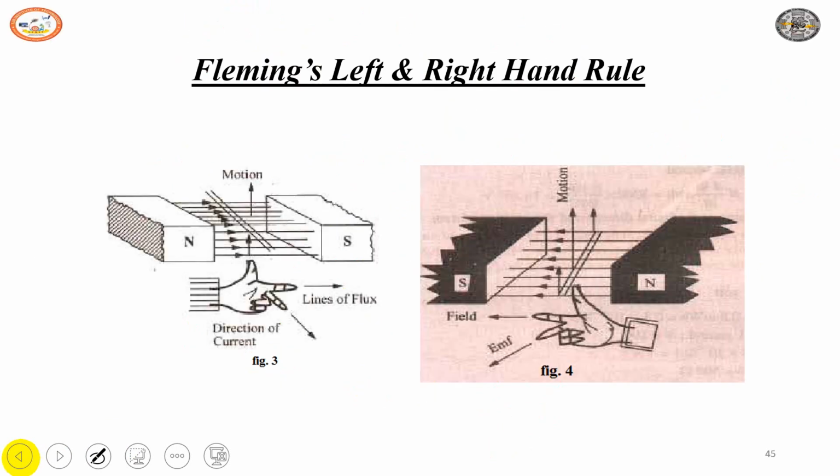In the next slide, you can come up with Fleming's left and right hand rule. In the left hand rule, which you have studied in grade 12, when a current carrying conductor is placed in a magnetic field, it experiences a force which acts in a direction perpendicular both to the direction of the current and the field.